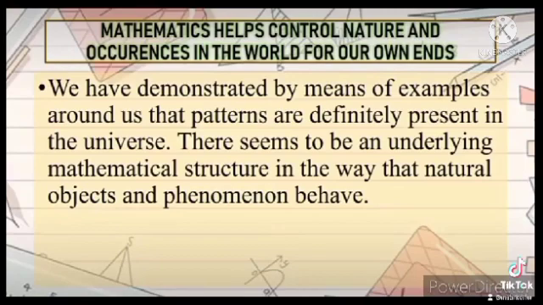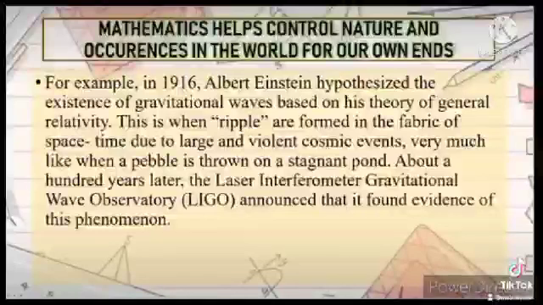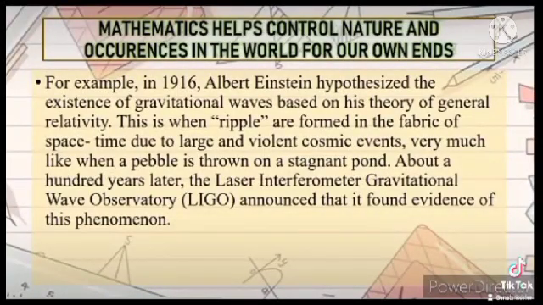We have demonstrated by means of examples around us that patterns are definitely present in the universe. There seems to be an underlying mathematical structure in the way that natural objects and phenomena behave. For example, in 1916, Albert Einstein hypothesized the existence of gravitational waves based on his theory of general relativity.